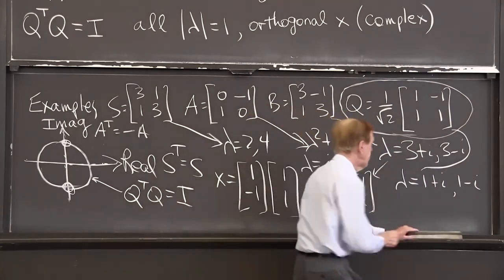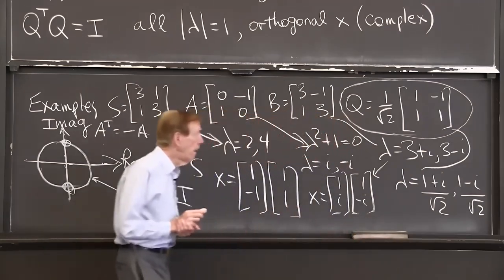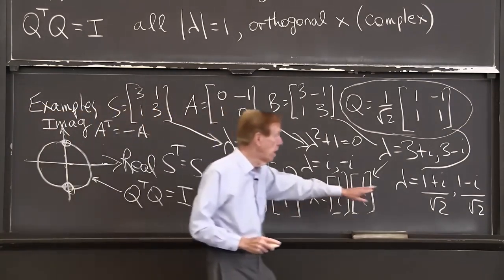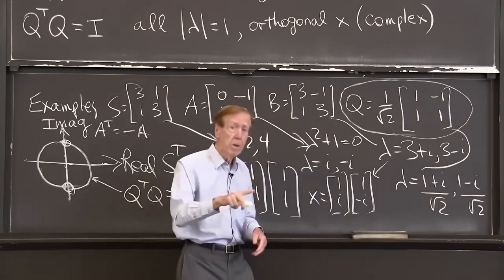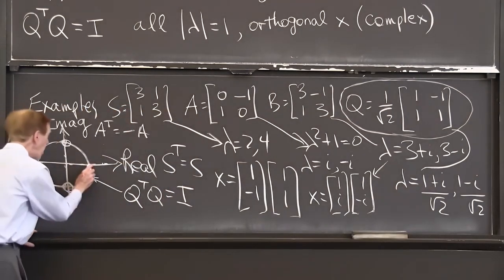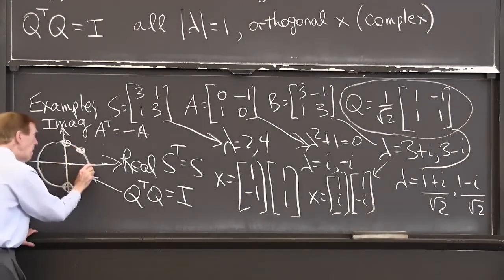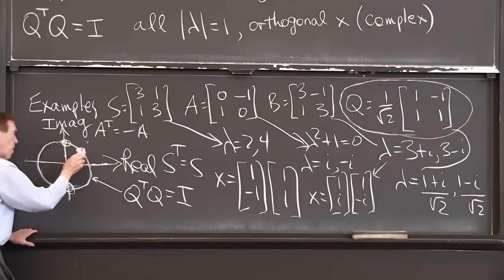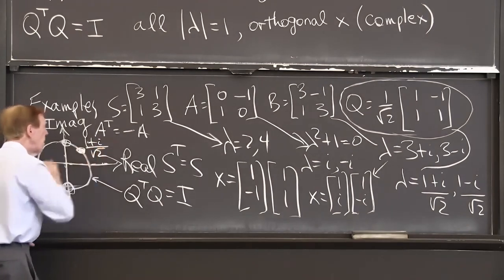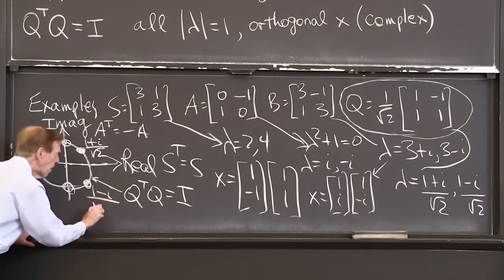And now I've got a division by square root of 2. Those numbers, lambda, you recognize that when you see that number, that is on the unit circle. Where is it on the unit circle? 1 plus i over square root of 2. Square root of 2 brings it down there. There's 1, there's i. Divide by square root of 2, that puts us on the circle. That's 1 plus i over square root of 2. And here's 1 minus i over square root of 2.